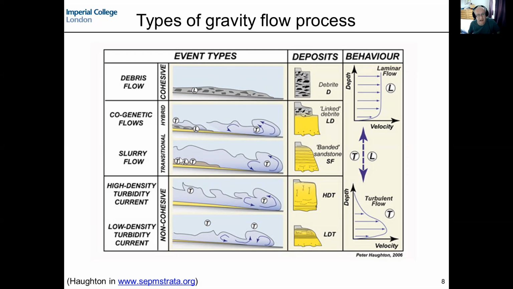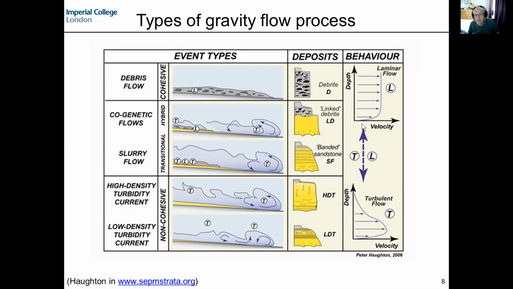In the center, we have a cartoon showing the structure within that flow as it moves down a slope. Here, this third column shows the types of beds which result from that flow process. And on the far right-hand side, we have the behavior.